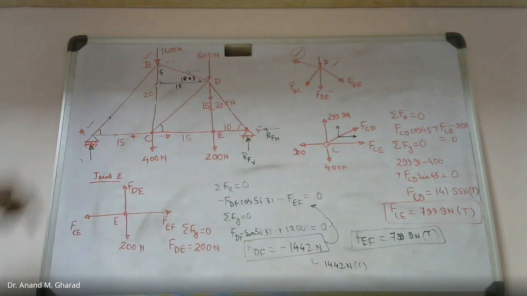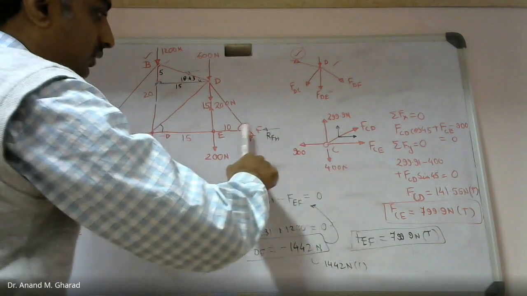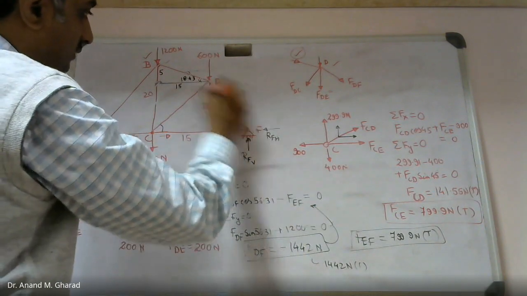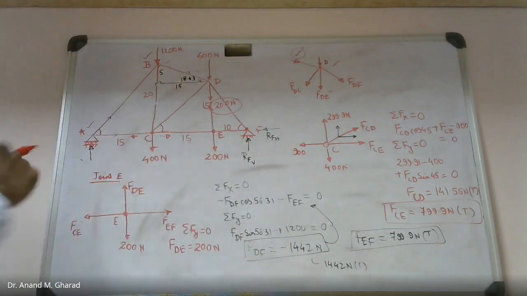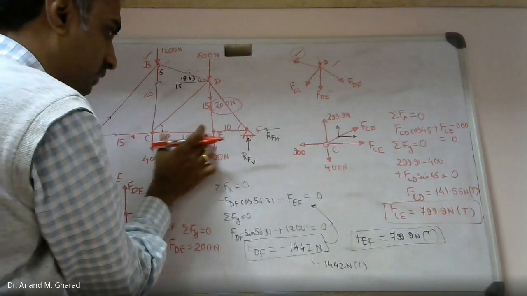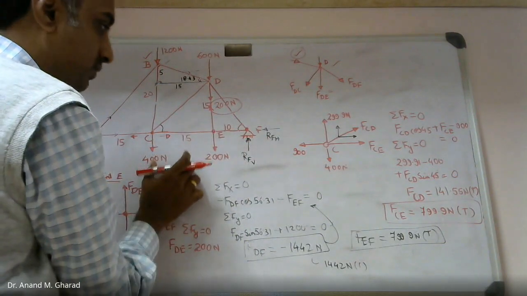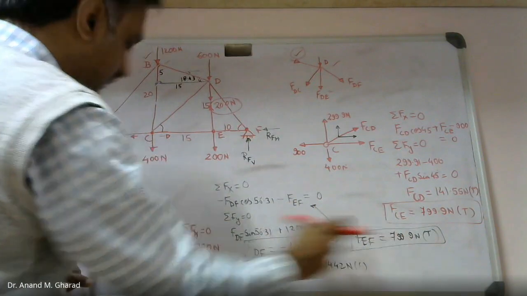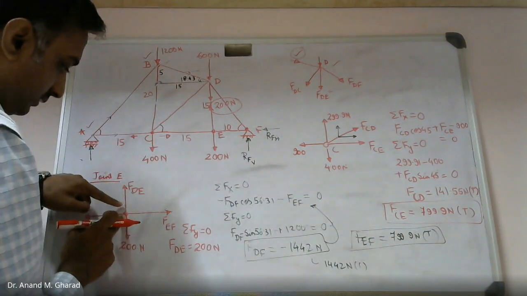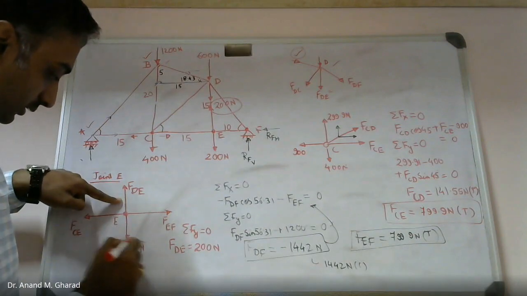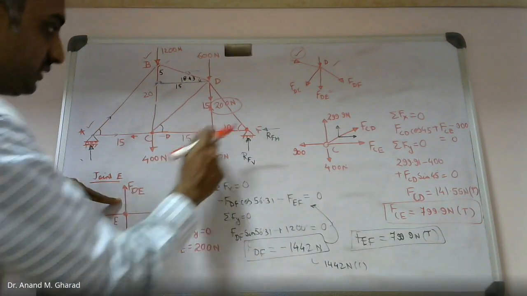Even if we would not have solved joint F, based on our earlier discussion we would have said that yes, these two are collinear members, so force in these members shall be the same. And the third member, which is perpendicular to it, moreover, some load is attached at that point.